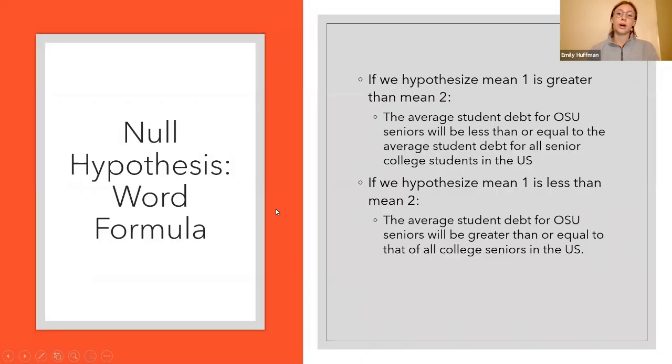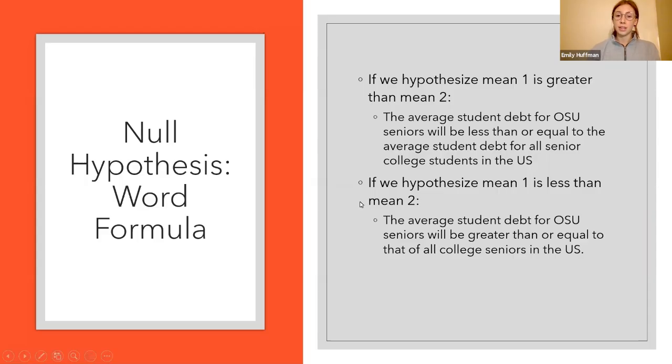Now for the written hypothesis, the null should also indicate the same notation as before. So if we hypothesize mean 1 is greater than mean 2, the average student debt for OSU seniors will be less than or equal to the average student debt of all senior college students in the United States.